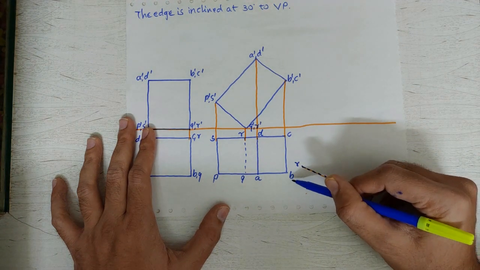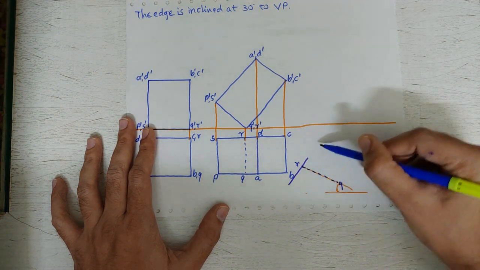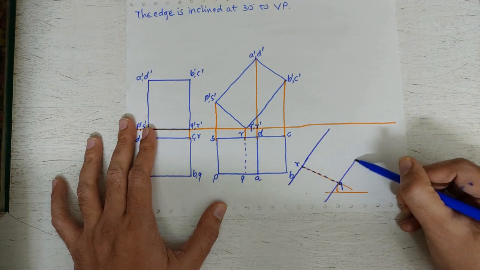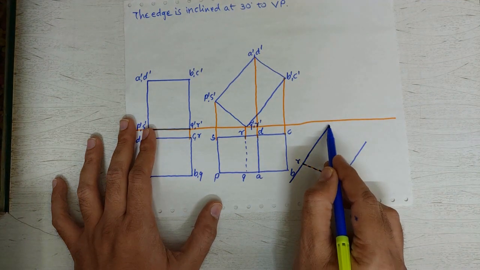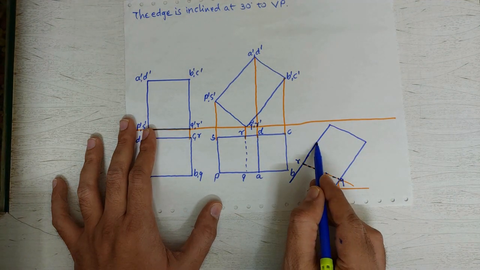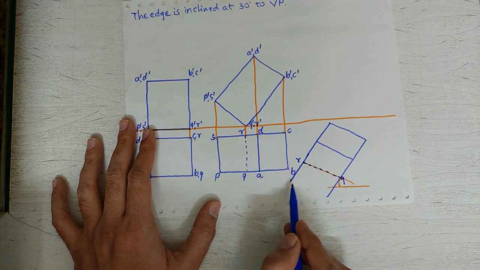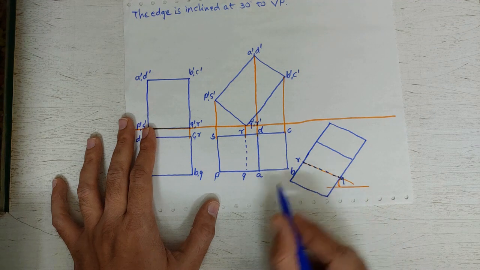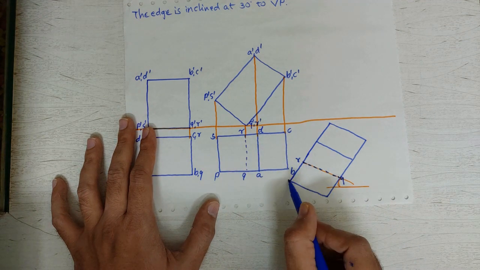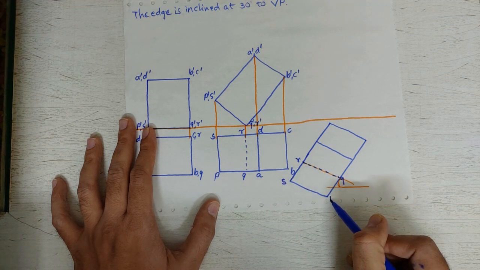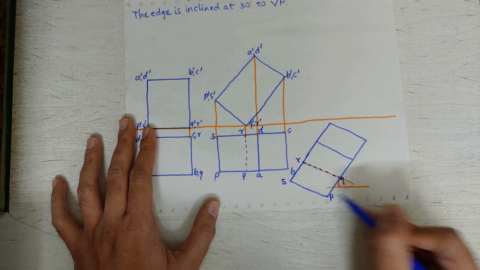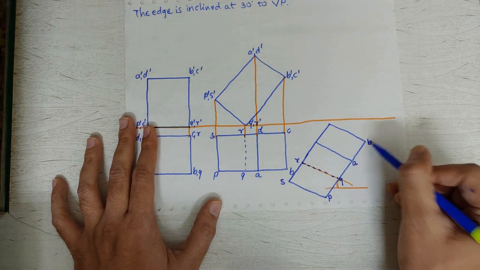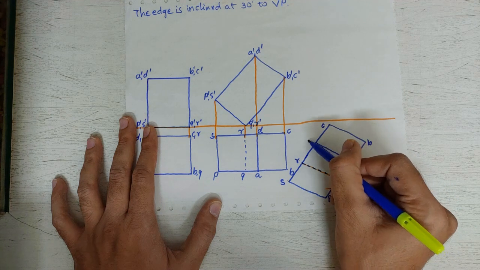When I reproduce it, I will get the shape something like this. And I will give the notations. If this is RQ, then this must be point S and this must be point P. This is A, this should be B, this should be C, and this should be D.